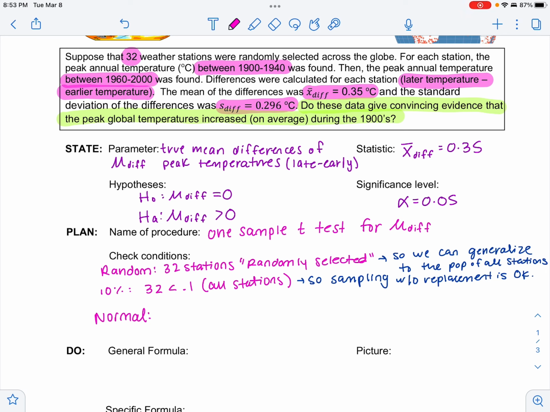And if I look at this, our sample size was 32. So here, I do have a large enough sample. So by the central limit theorem, because 32 is greater than or equal to 30, we are, in fact, normal.